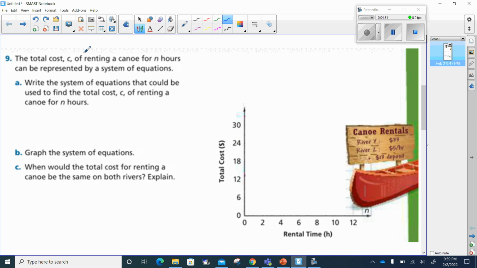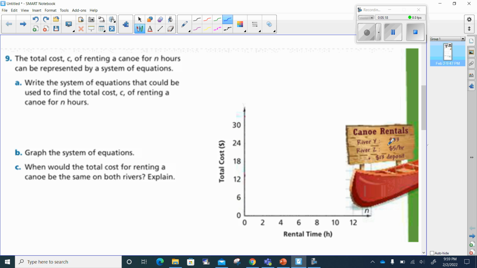Number 9 says the total cost, C, of renting a canoe for n hours can be represented by a system of equations. Write the system of equations that could be used to find the total cost, C, of renting a canoe for n hours. Okay, so we have some clues over here.